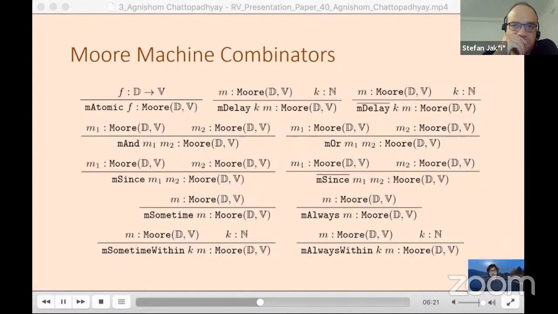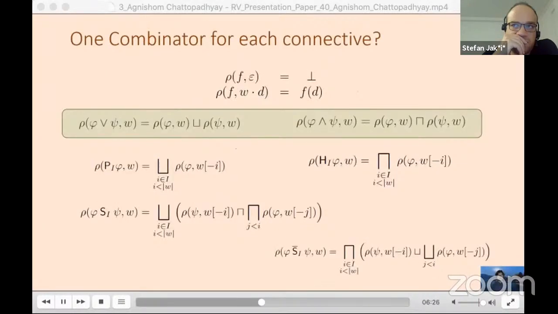Our approach in solving this problem is going to be by building a library of combinators. We have already seen the combinators corresponding to logical AND and OR. In a similar way, we intend to build combinators for every logical connective we have. As a base case, we have the atomic predicates, which can be lifted to a monitor simply by computing the corresponding function at every new input.